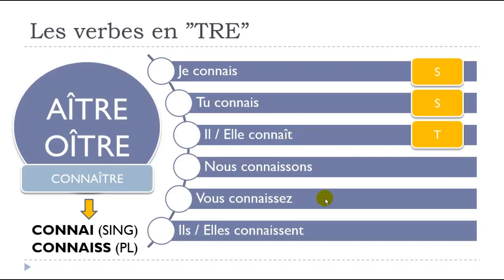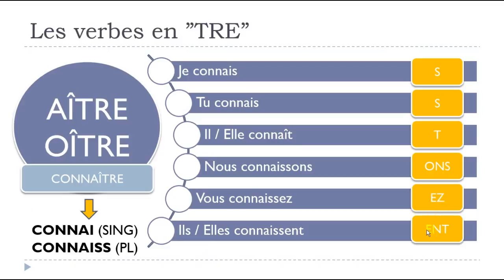But then for the plural form, we've got a different stem, connaissent, and then the endings will be the same, ONS as usual, EZ and ENT, so you will get the forms nous connaissons, vous connaissez, ils connaissent, elles connaissent.